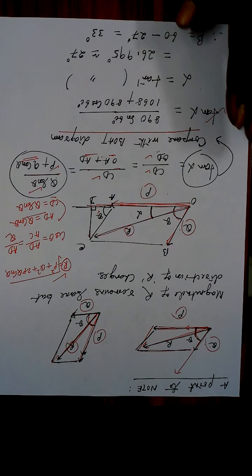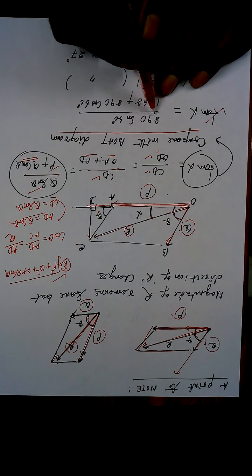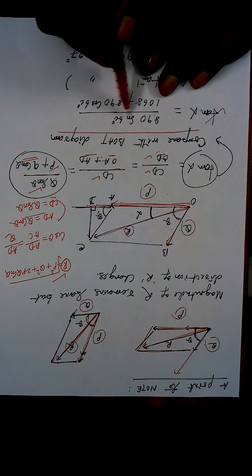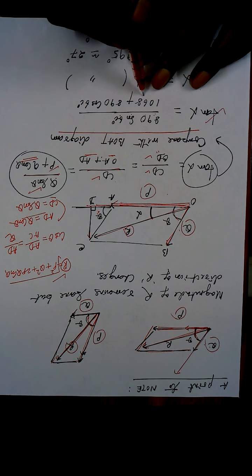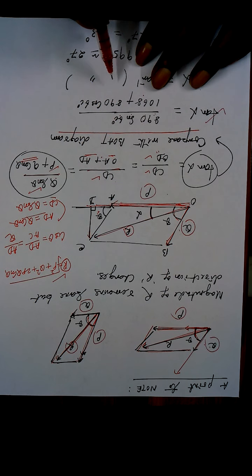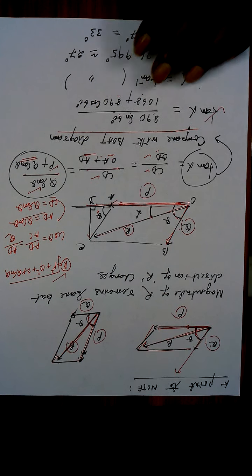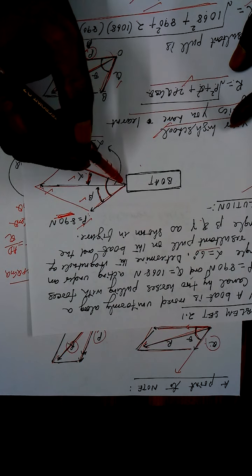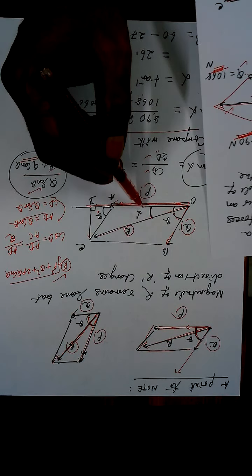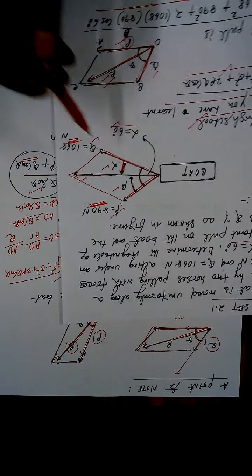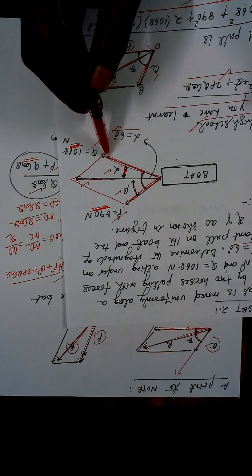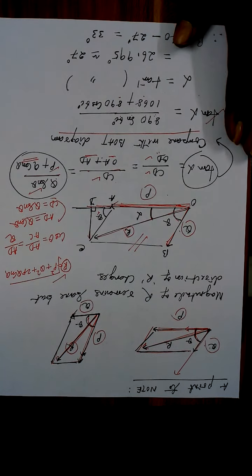So applying 890 sin 60 over P, that is this value, plus Q, that is this value. Look, this I have taken as Q while explaining, this I have taken P. So you have to change the modification.